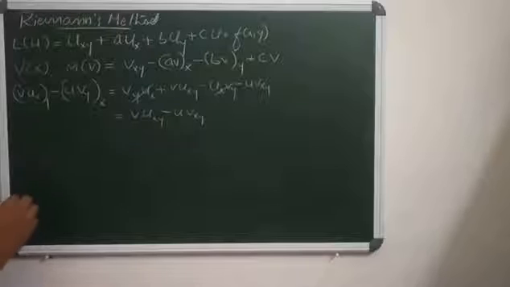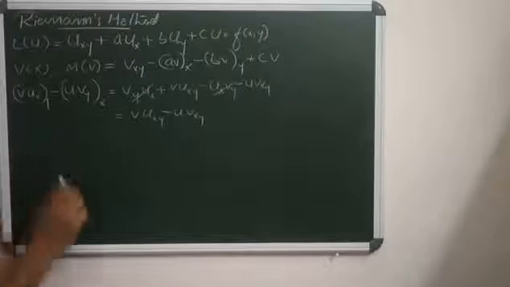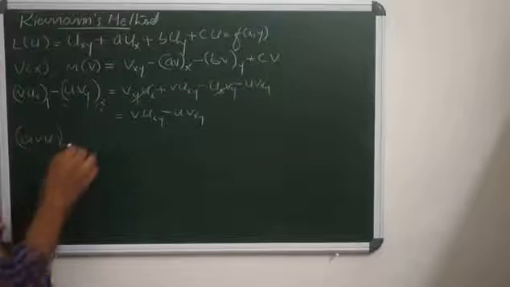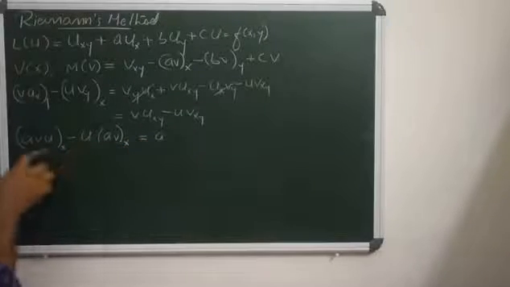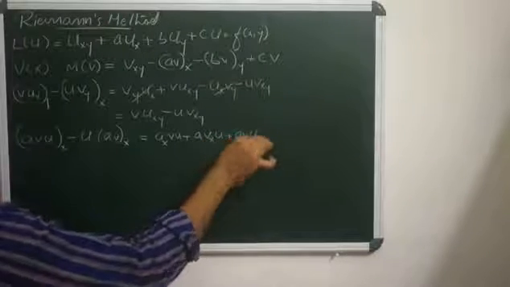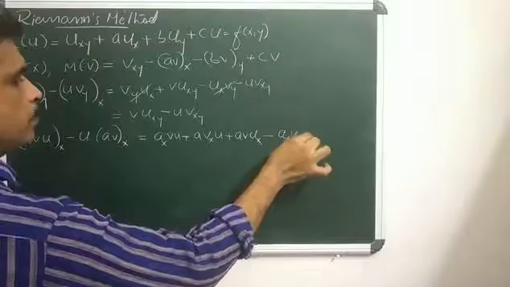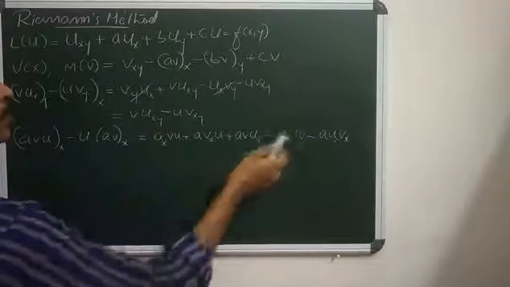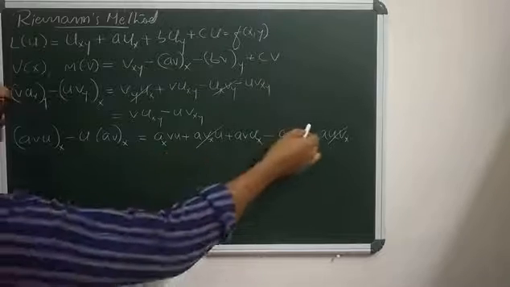Then consider v a u_x, or a v u_x, minus u (a v)_x. By the product rule, this is a_x v u plus a v_x u plus a v u_x, minus a_x u v minus a u v_x. The terms plus a u v_x and minus a u v_x cancel each other, and a_x v u minus a_x u v cancel too.